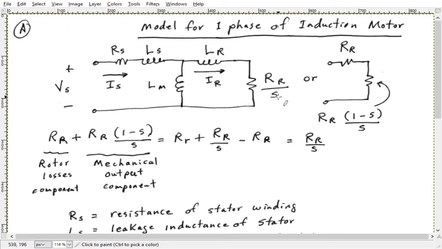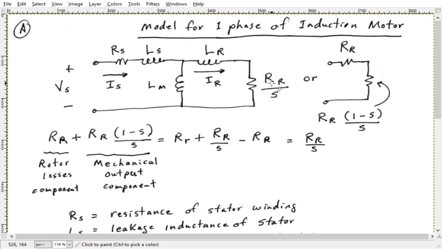The other extreme case would be S equals 1. This would be the situation where you have a locked rotor, or a rotor that is just getting started. In that case, S would be 1, and then R would just be RR, which is a very small resistance.